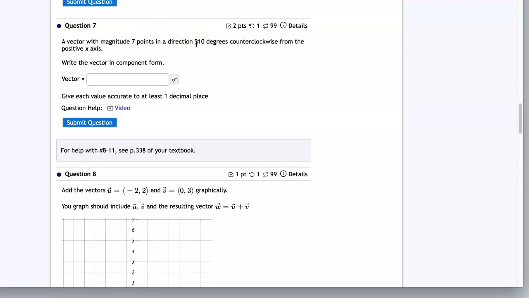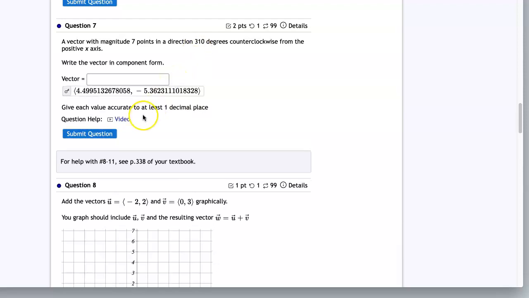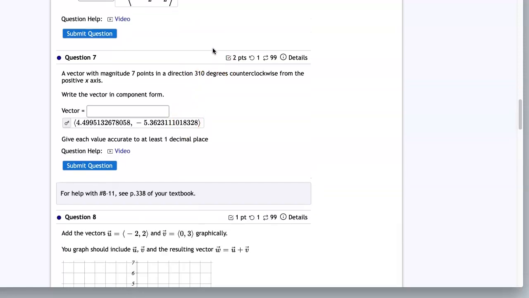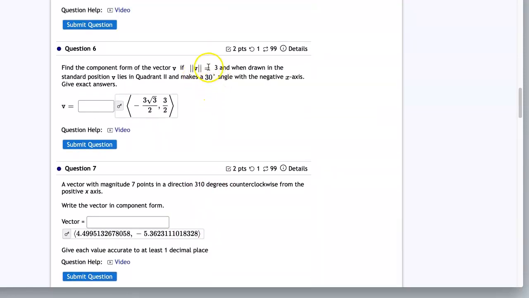And since 310 degrees is not on the unit circle, we're going to use decimal approximations. So in this case, we want decimal approximations because we do not have a unit circle degree, whereas in the previous problem we did have a unit circle degree, so we expected to see an exact component.